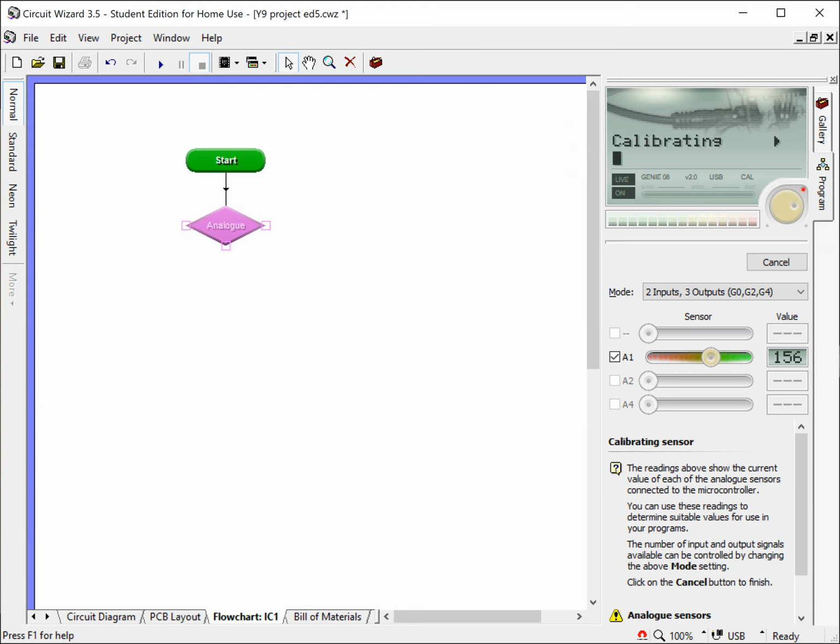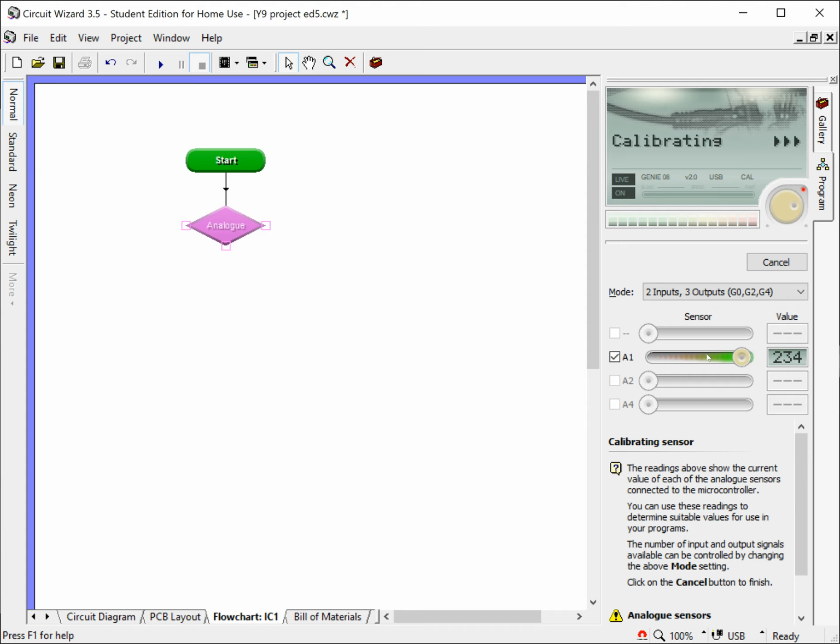So I'm going to say between 170 and 230, sorry, 240. This is going to come on, or we're going to try and turn the street light on.